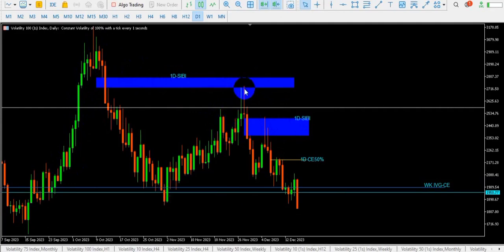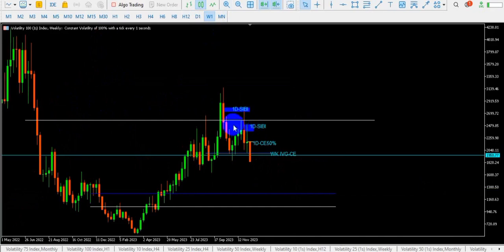Then it came in to test the main threshold of that order block. I didn't delineate, I don't want to waste too much time. I want this chart to be as clean as possible, so bear with me: this weekly over here, this last upwards candle was my target.